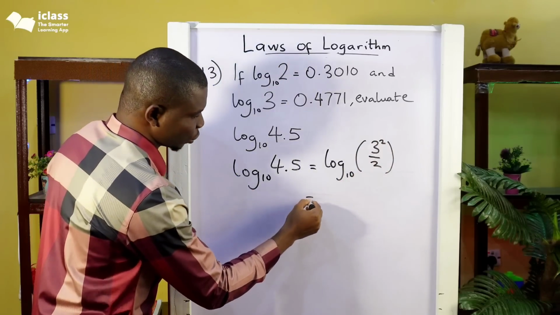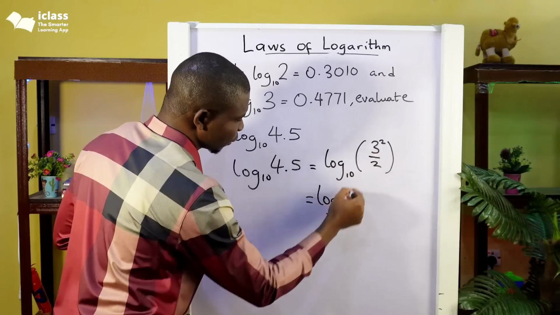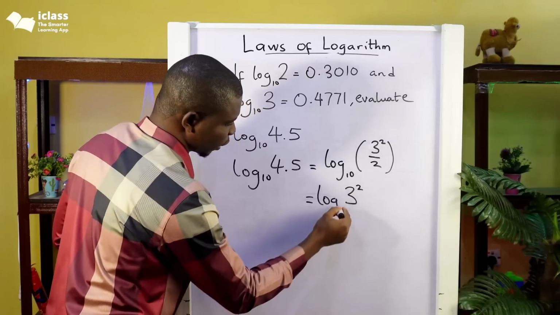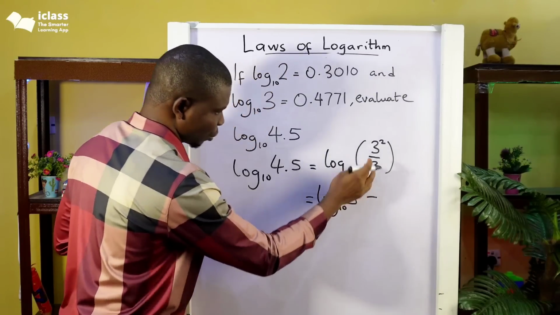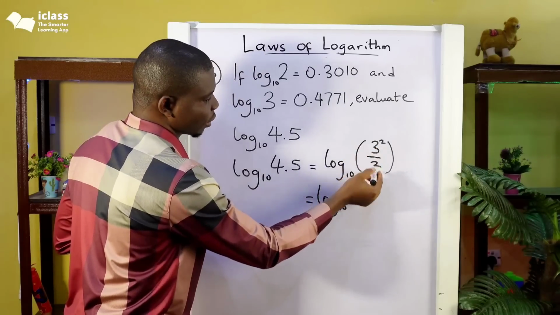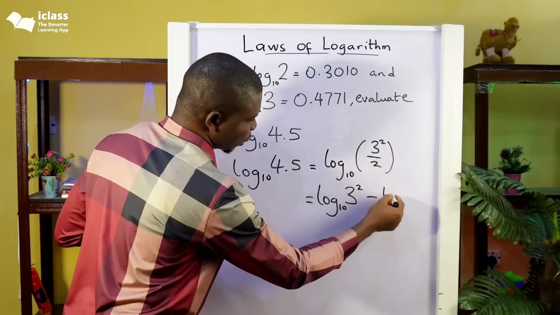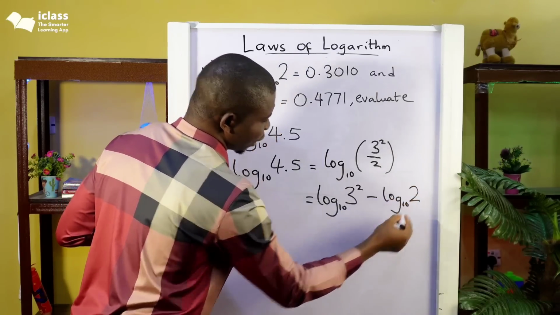So what we just need to do here is to say this is equal to log 3 squared base 10 minus, when you are dividing the arguments, you subtract the logarithms. So that would be minus log 2 base 10.